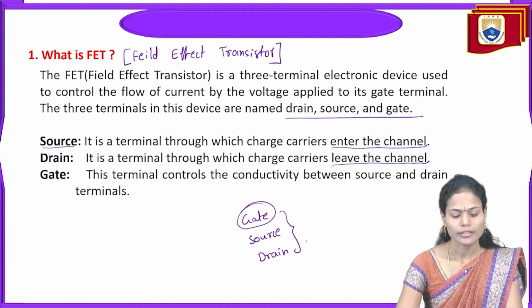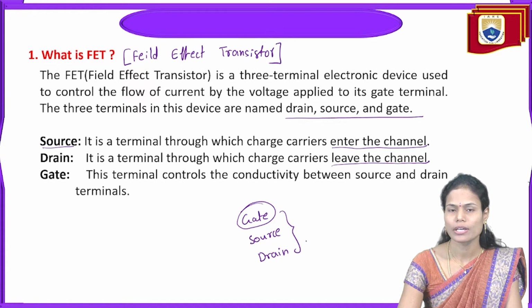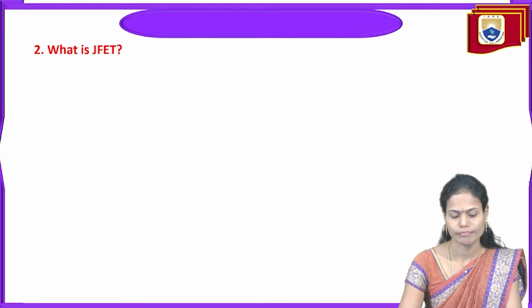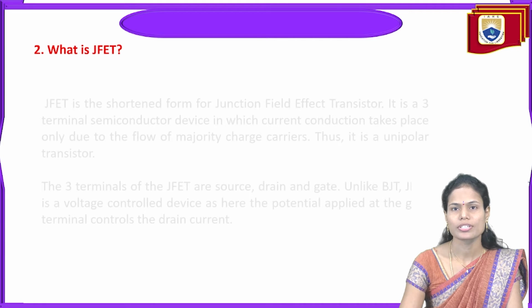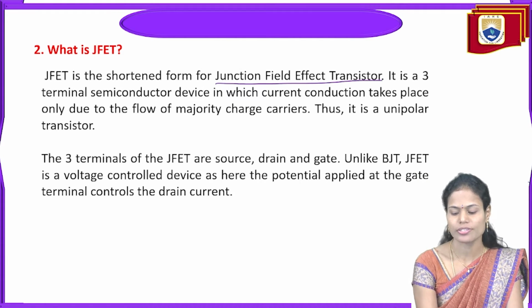And here FET is called a unipolar device. Why? Because conduction is due to only the majority charge carriers. That may be electrons or holes. It depends upon which type of material we are utilizing to design the FET. And the second one is, what is meant by JFET? JFET is nothing but the junction field effect transistor.